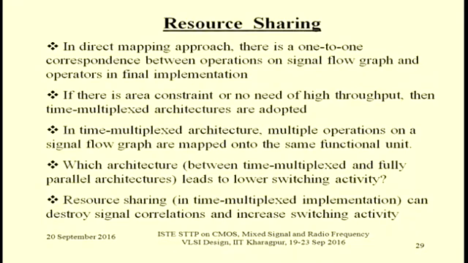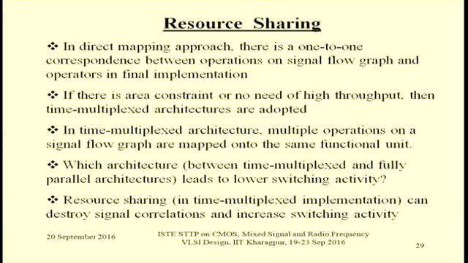Now, while we are taking resource sharing into account, we understand that resource sharing means that the same elements can be made use of by different operations, as opposed to direct mapping. In the direct mapping approach, there is a one-to-one correspondence between the operations on the signal flow graph and the operators in the final implementation.